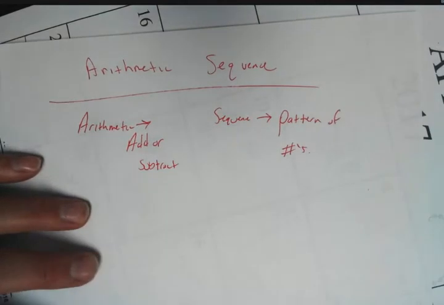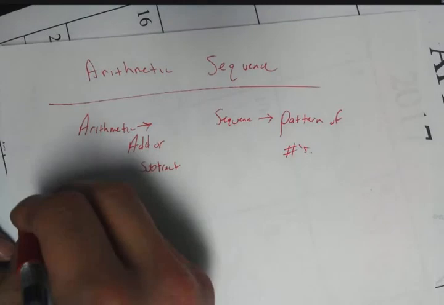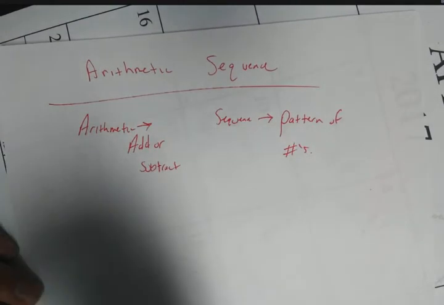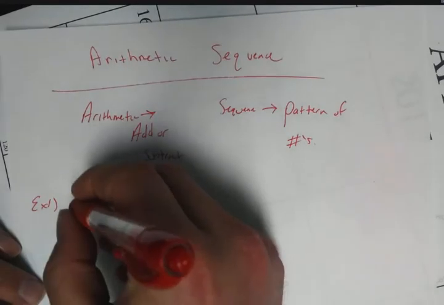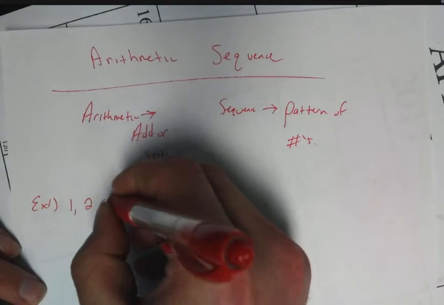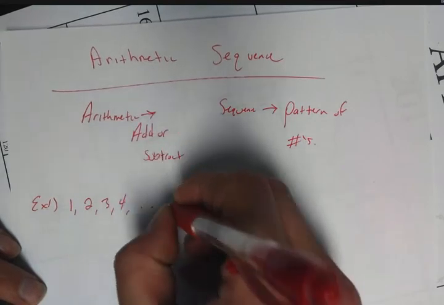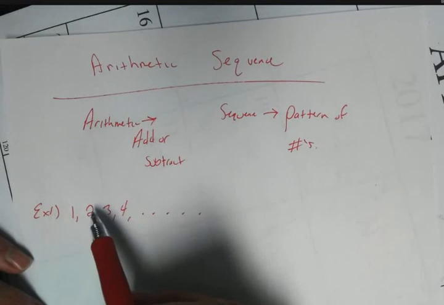So let's just take a look at a couple sequences which have patterns, and we can determine if it's arithmetic or not. So example 1, we have the following sequence. Okay. Now, when looking at this, we want to determine, is there a pattern from when we go from the first number to the second to the third.